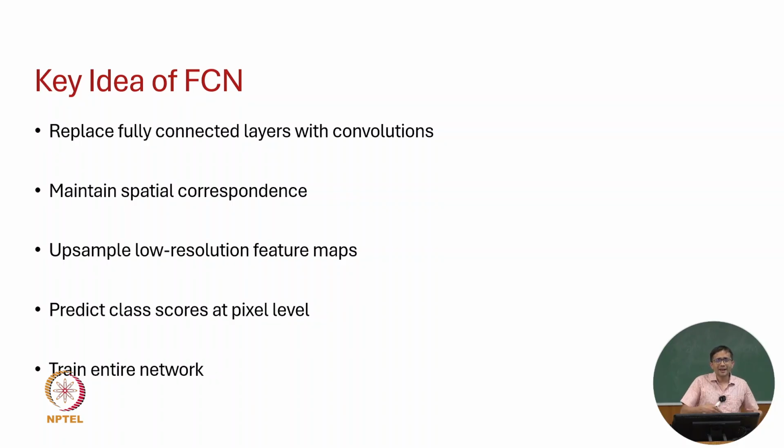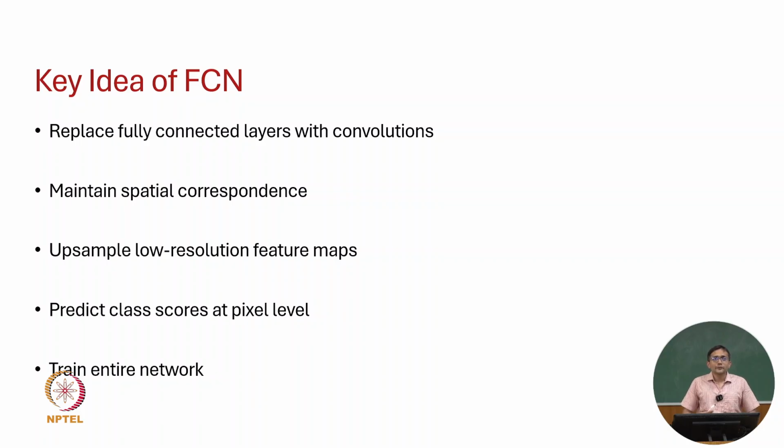So we need to get back the same size as the input, that is H and W. So we need to upsample the low resolution feature maps somehow, and we need to get a class score at this pixel level. Then we need to train the entire network end to end, as we have already mentioned before.